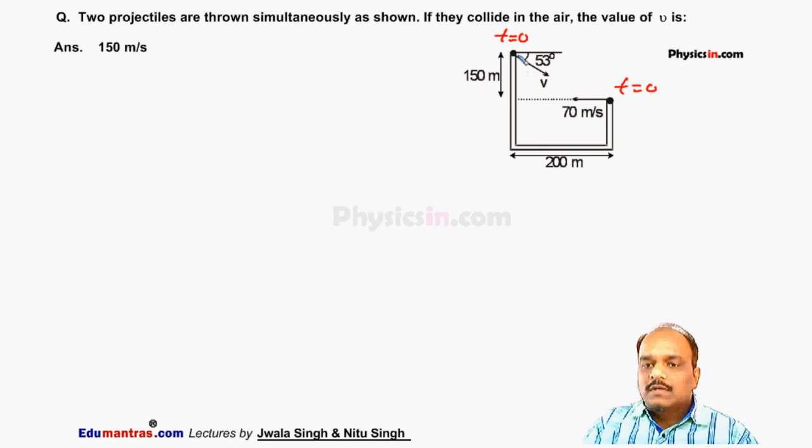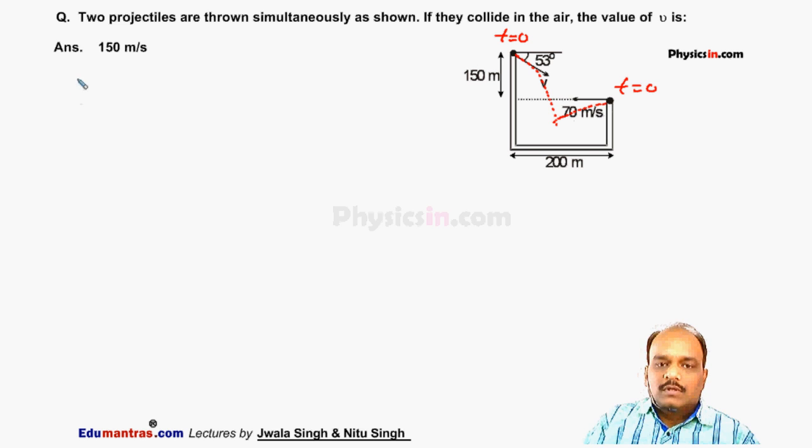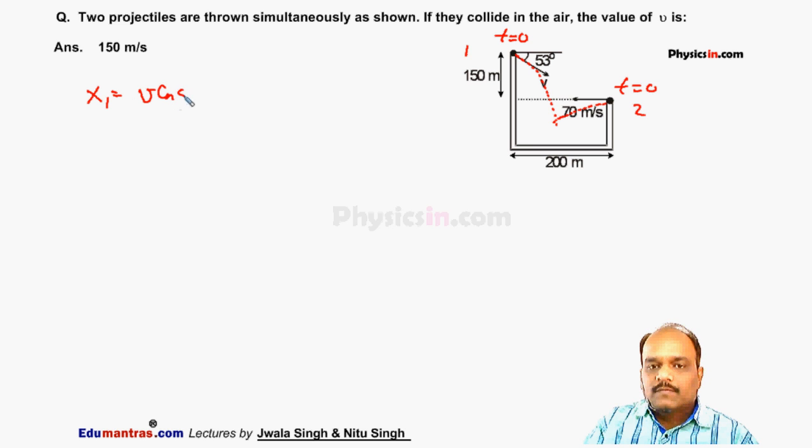So for the condition of collision, suppose this particle is moving like this and this is moving like this. So for collision, the horizontal displacement, this is particle 1, this is particle 2. The horizontal displacement of particle 1 is x1, which is equal to v cos 53 degree into t, because ax is 0.